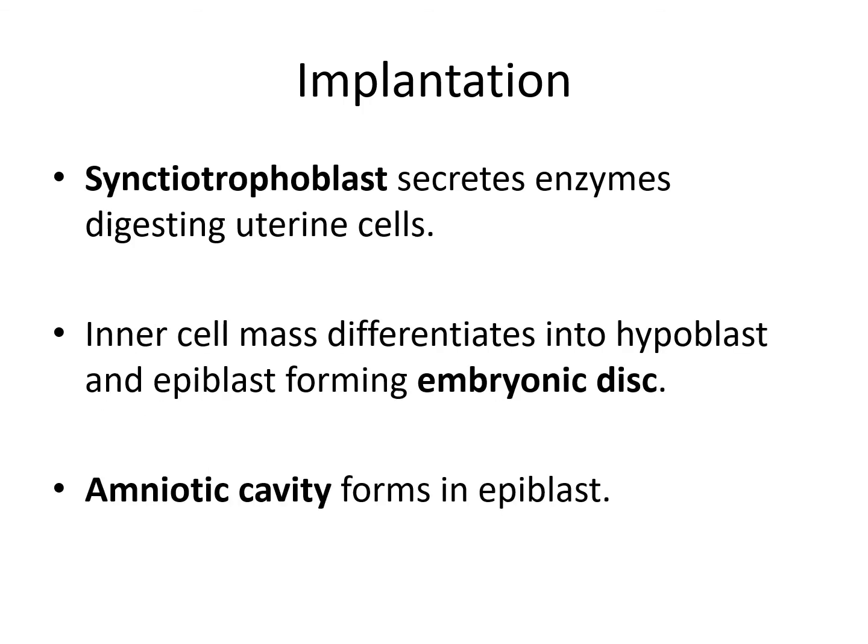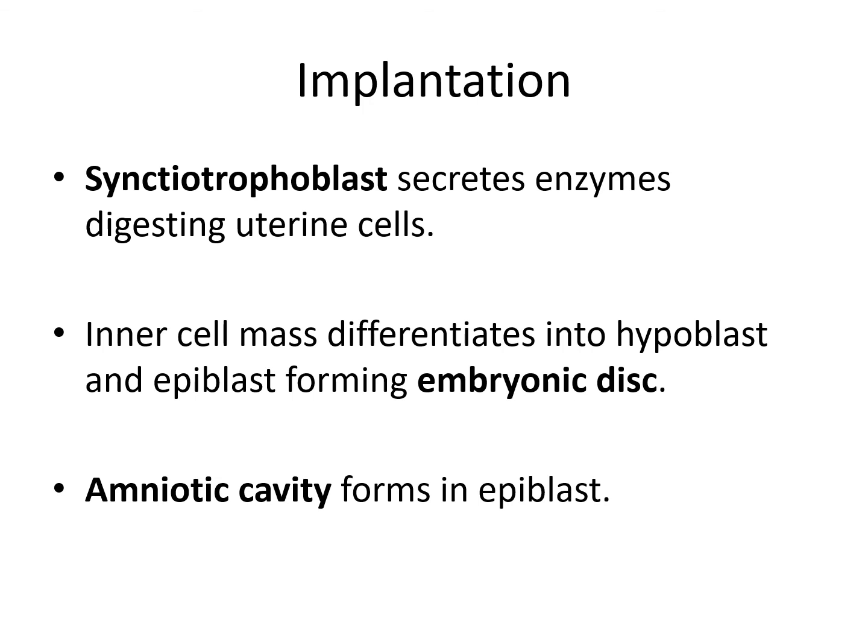Well, the syncytial trophoblast secretes enzymes digesting uterine cells so that it can start burying into the endometrium for implantation. The inner cell mass differentiates into two regions, the hypoblast and the epiblast, forming what's called the embryonic disc. Okay.